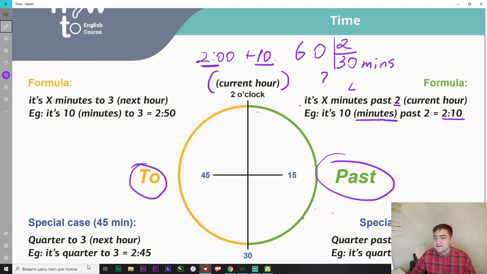So, it has 2 ways of pronunciation, to be honest. The first one, it's 10 minutes past 2, or it's 10 past 2. The second way is shorter, and it's mostly used in common conversations or in speech, right? Oh, what time is it? Well, it's 10 past 2, okay? It's 10 past 2 or 15 past 2, whatever.